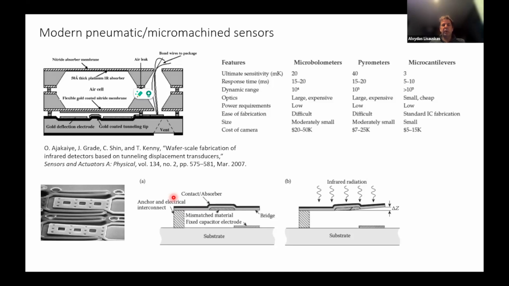This is where microbolometer cameras, like those created by Leti in France, by Canadians, and by NEC in Japan, were optimized to bring them into the terahertz frequency range as well. The same is also true for pneumatic or micromachine sensing.